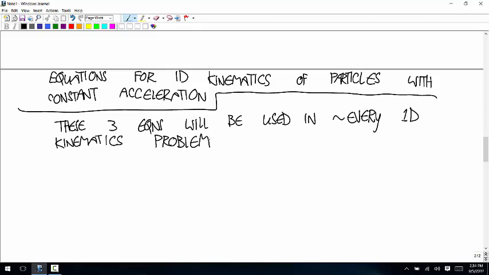The first one says, okay, so here's a setup first. First I have to tell you what these things mean. P sub I and V sub I are the position and velocity at time equals 0.